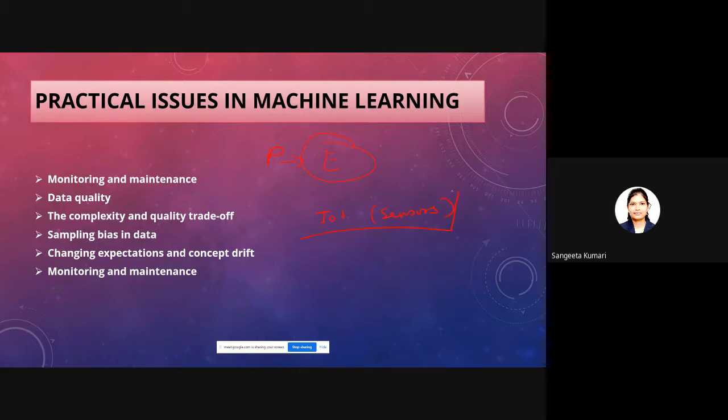And in the first lecture I told you why machine learning is popular nowadays. The reason is that enormous data is available now, and as we feed more data, obviously my performance will increase. But if the sensor itself is getting erroneous data, in that case my output will also be erroneous, right? So it's important that the data which you are getting should be correct.